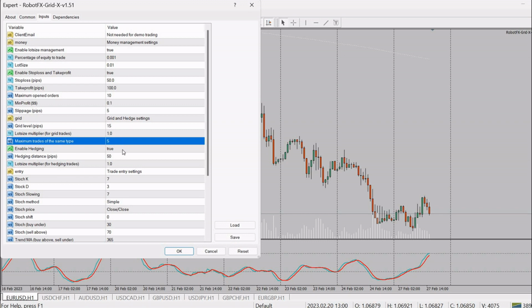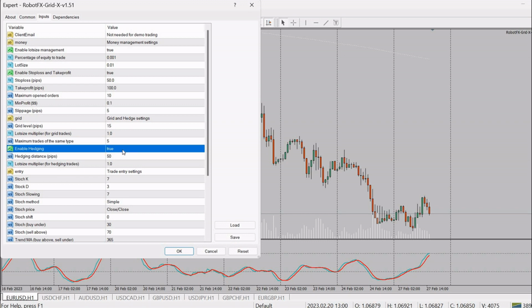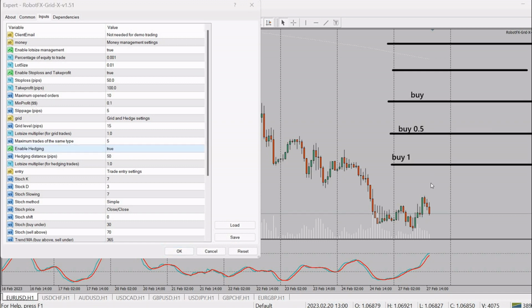And next we have the possibility to enable or disable hedging, and by enabling hedging, that means that as soon as the expert advisor opens a trade, we want it to start hedging, to place opposite trades which will be pending sells, assuming the expert advisor will open this trade right here.